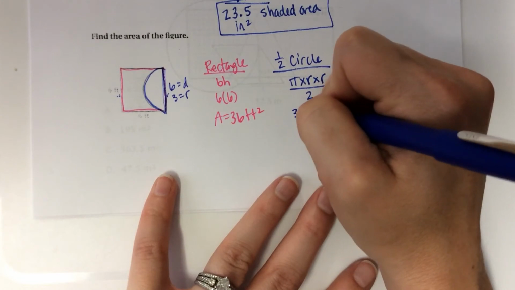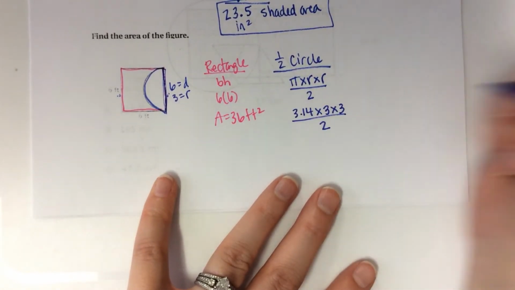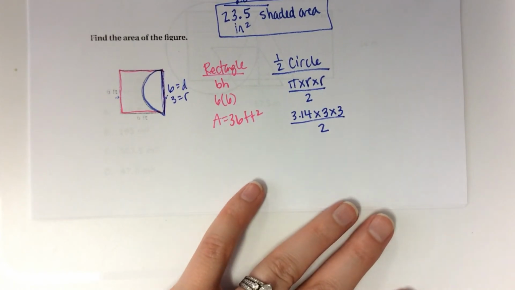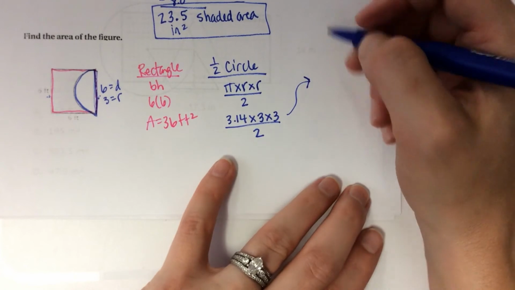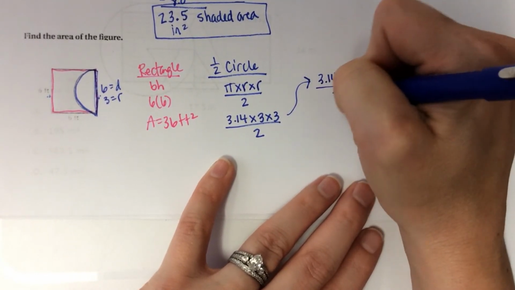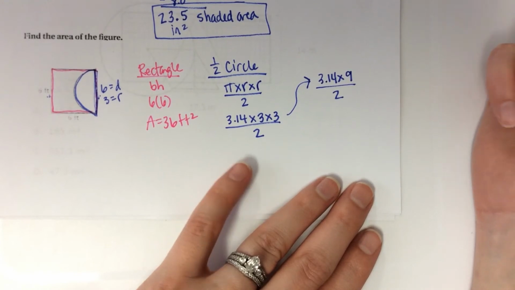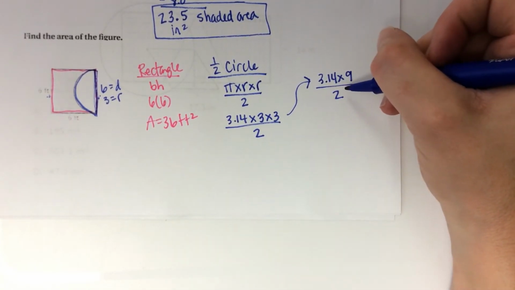So we'll have pi times 3 divided by 2. So I'm going to extend this way. So now I have pi times 3 is 9 divided by 2. So at this point you can do 3.14 times 9 and then take that answer and divide it by 2.